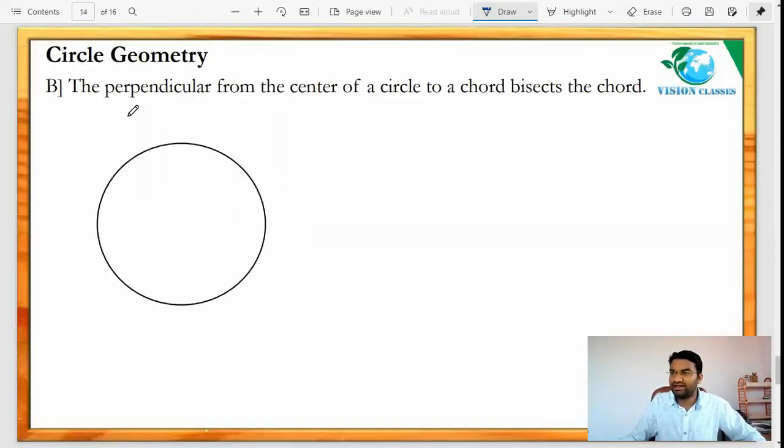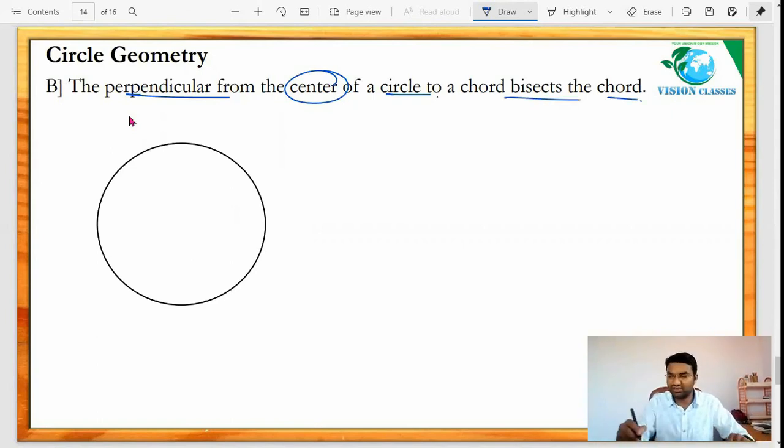Next, the perpendicular from the center of a circle to a chord bisects the chord. Okay, now this is the center, and take a chord, any chord, let's say chord AB, and if you draw an exactly perpendicular line on AB, it will bisect it actually.